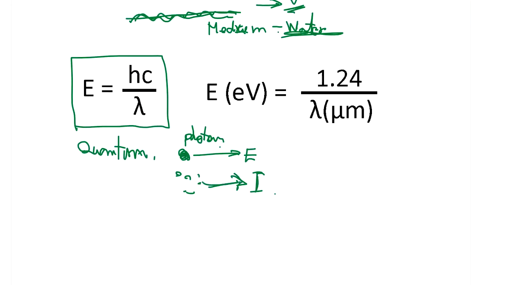But a single wave carries energy, and that energy is defined by the Planck constant and speed over wavelength. If you plug in the Planck constant and speed, then use the wavelength in micrometers, we can find the electron volt energy level.